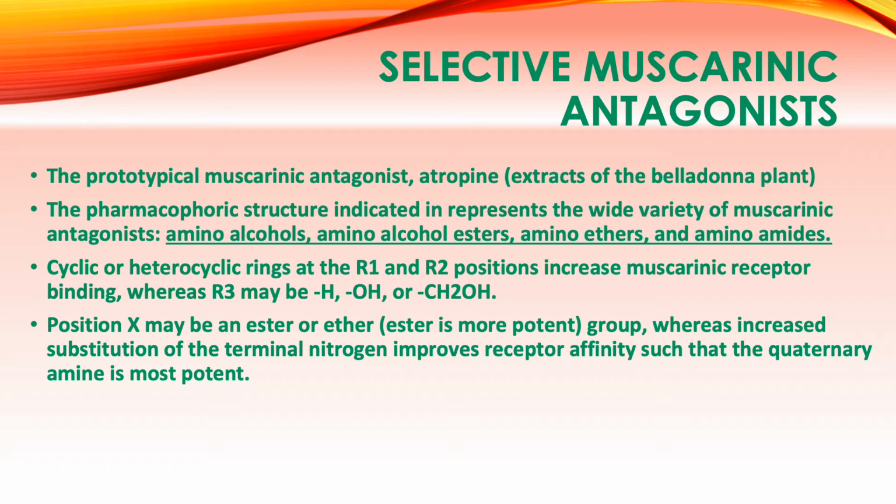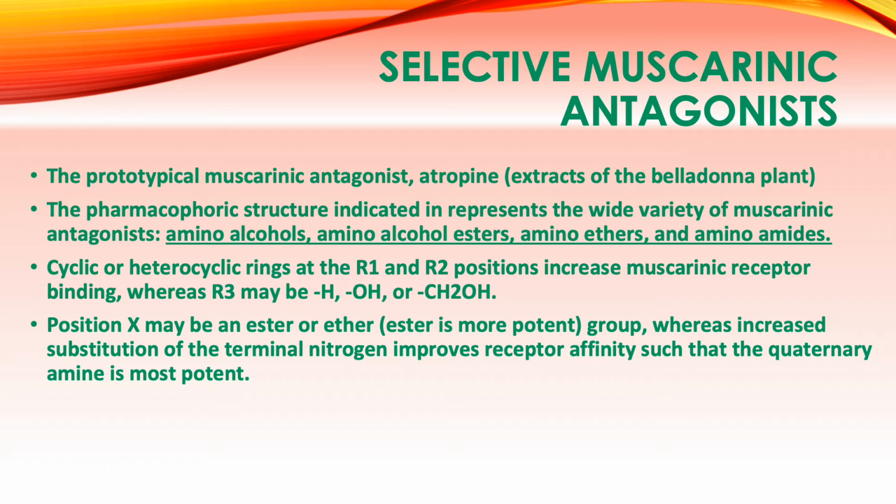And also, double check if it has an ester or ether in the position X. So again, your activity for this section is to examine the atropine structure for the different specifics mentioned here.